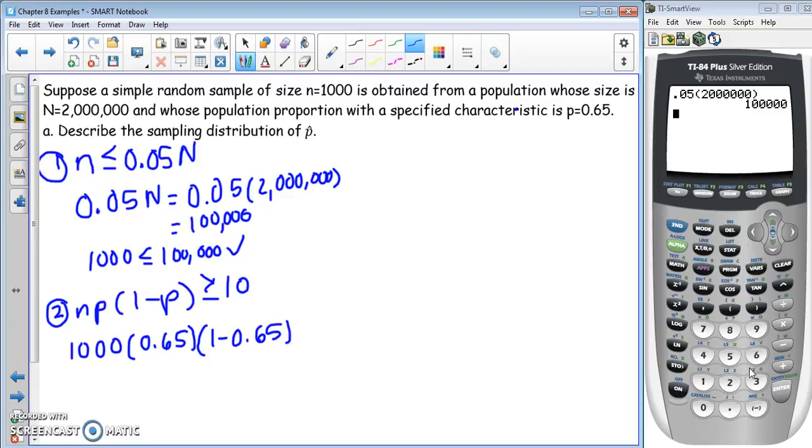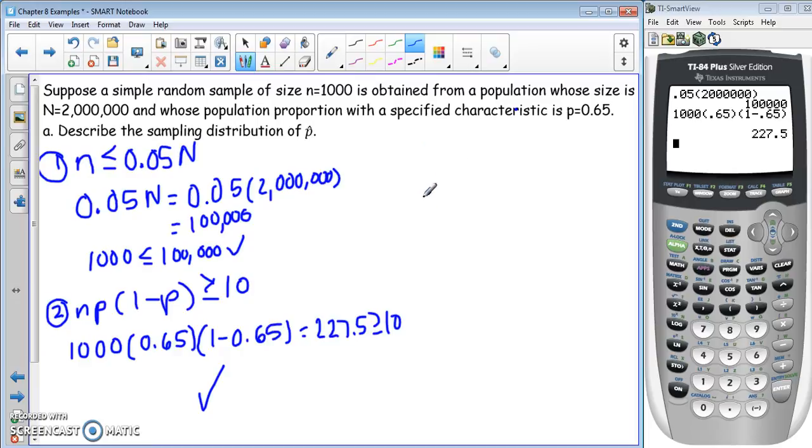Let's type that in our calculator. 1,000 times 0.65 times (1 minus 0.65), enter. So we get 227.5, which is greater than or equal to 10. So that condition is also met.